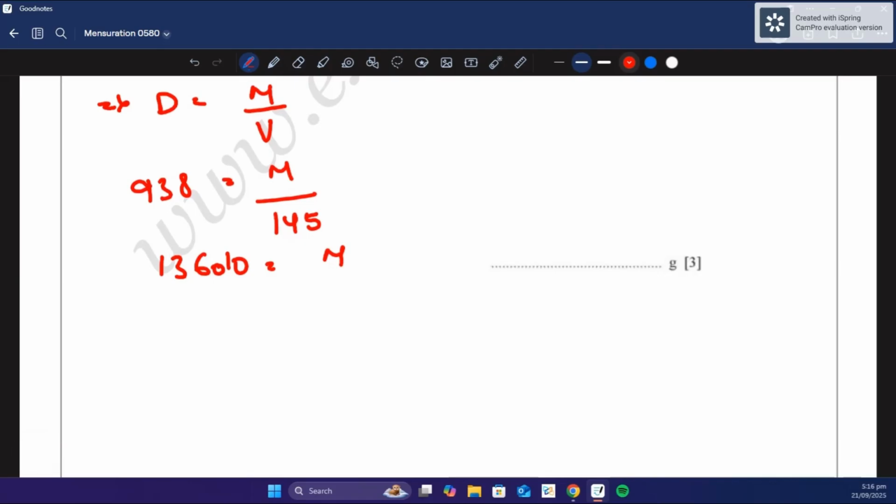So we need to convert this. So we need to divide this by 1000. That should give us our answer in grams, which is 136.01 grams, and that is our final answer.